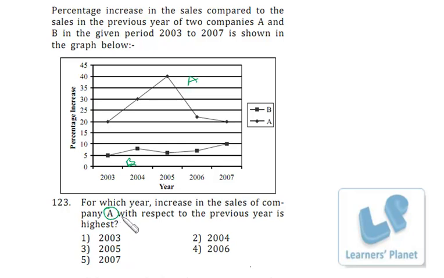Suppose we assume it to be 100, and if we see increase on 100, from 2003 to 2004, it's a 30% increase, right? Because this is percentage increase, you just take this, not the difference. 30% increase in case of 2004. So the absolute increase will be 30, since I have taken the base value as 100, right?